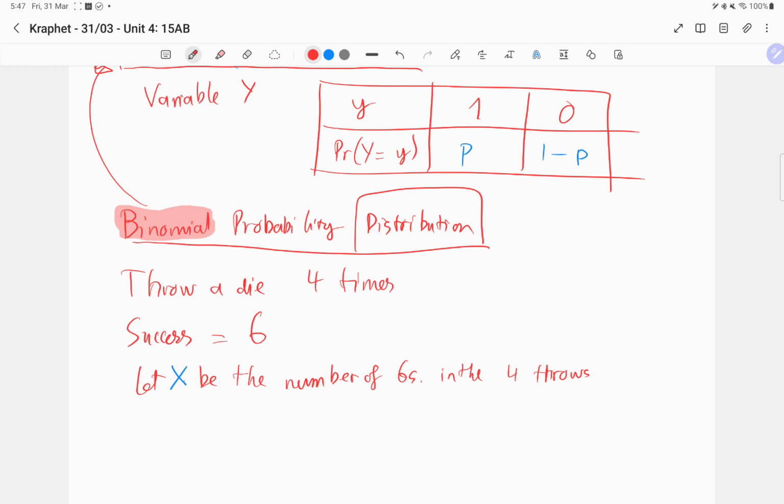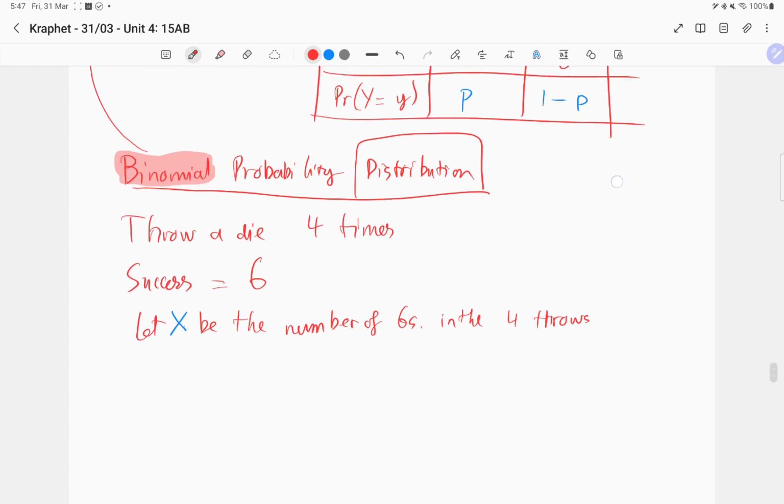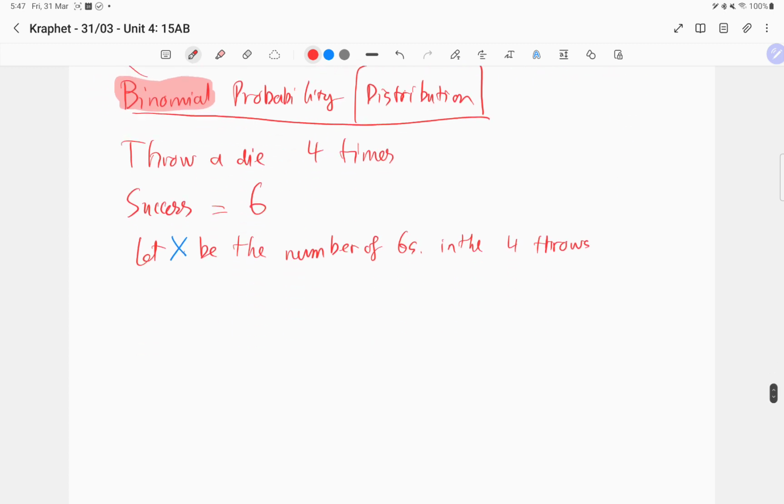The number of 6s in the 4 throws, because obviously you want to win all the time. So you want to get 6 in all 4 throws. Yay, got some money from the casino, and then 6 again, and then 6 again, and then 6 again. So what's the chance of that happening? Normally, it's the chance of getting all 4 successes.